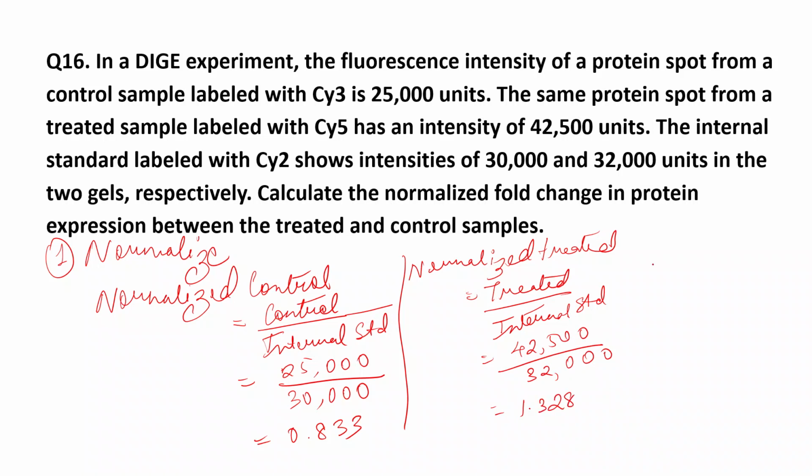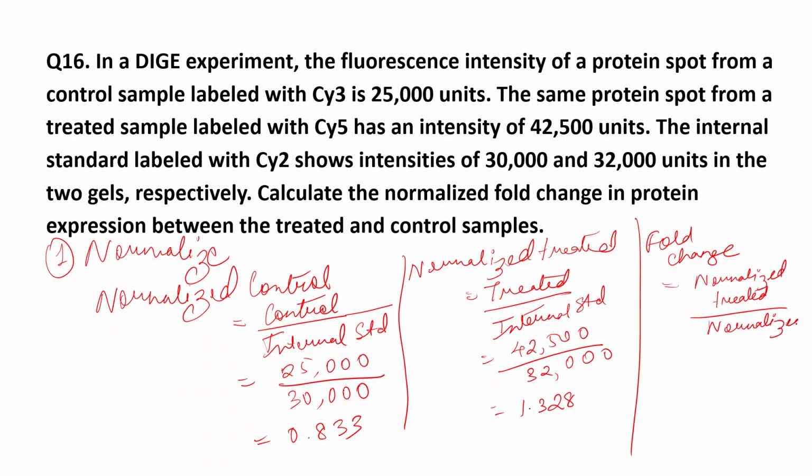So finally the fold change here equals normalized treated by normalized control. The answer is 1.59.